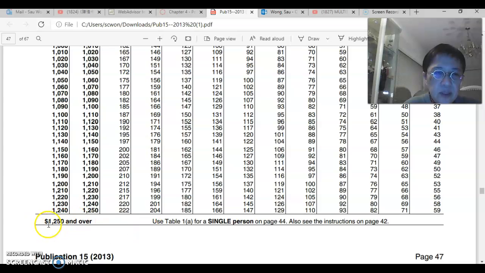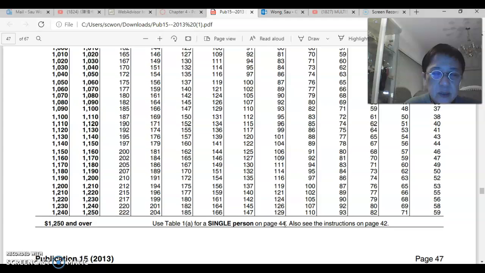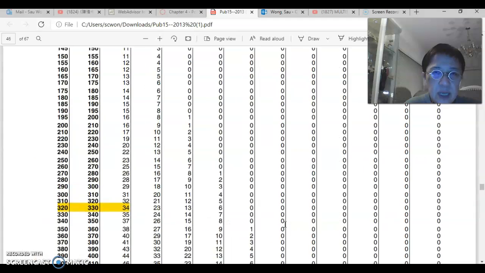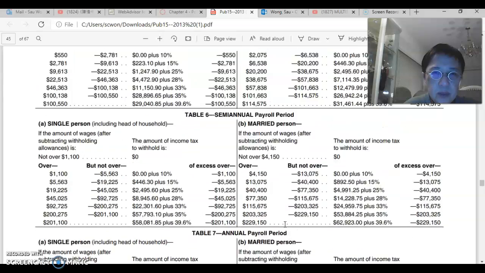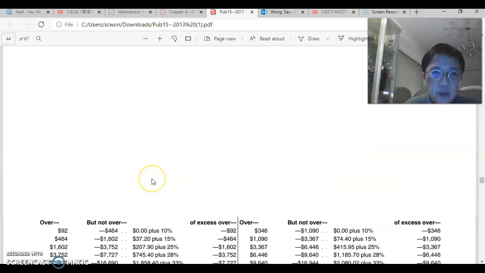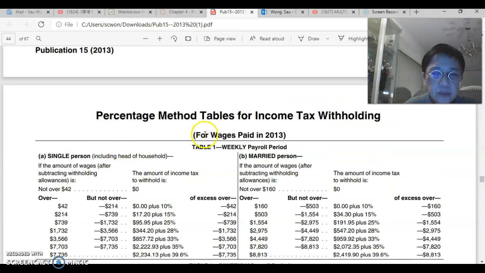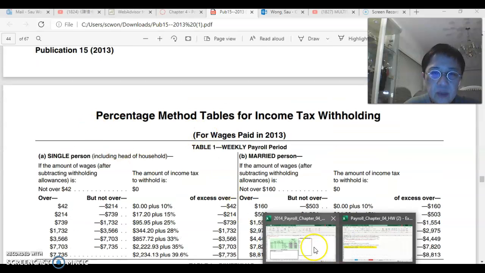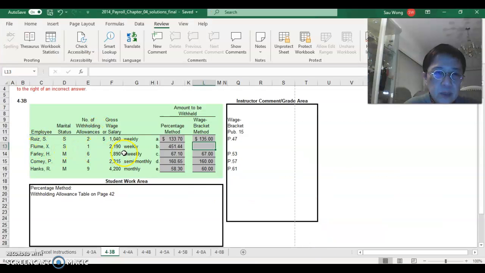If it's 1,250 and over, then use page 44, which is our percentage method. You see, this is page 44, the percentage method. So for the second person, we cannot use the wage bracket; we have to use the percentage method.